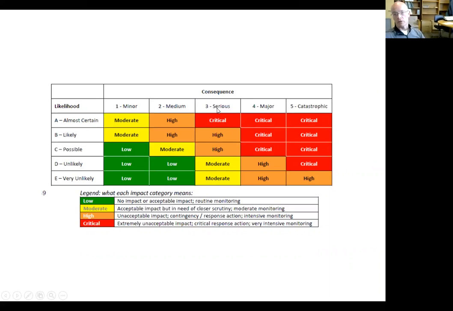Red means serious, major, catastrophic, and if we're almost certain or certain, it's red. Then you get this middle ground where you have some serious damage, it's possible, so it'd be orange. We're not sure that it will occur. Or it can be medium consequence, some damage, but we don't think it's likely, and it's green. So again, you get this ranking system based on where the soils will fall. It's going to be red, orange, yellow, or green.